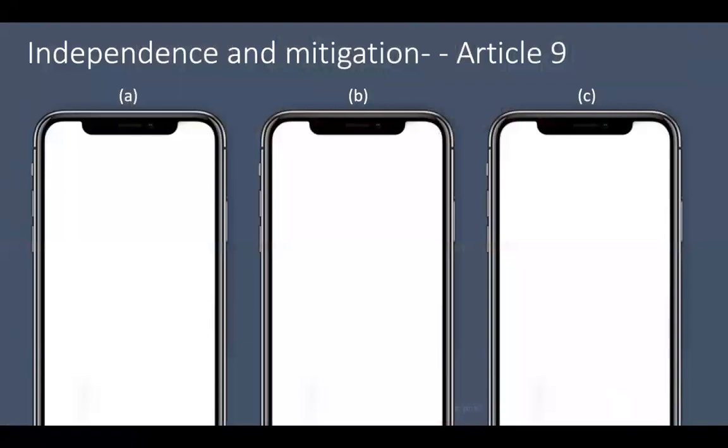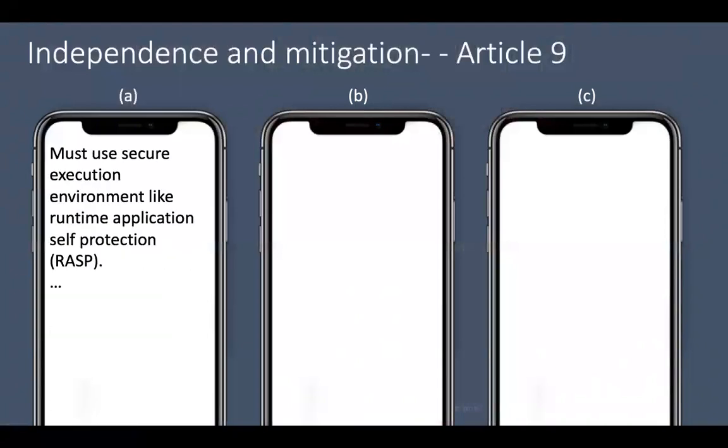And then I think the most interesting one is independence of the elements, right? So this is Article 9, and it's titled Independence of the Elements. And what it says is, the compromise of one can't compromise the second one. And if you think about mobile payments, and you are initiating the payment on the same mobile device that you're receiving the second layer of authentication, that's exactly what it's talking about.